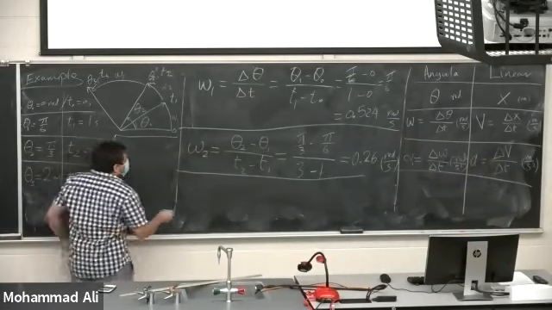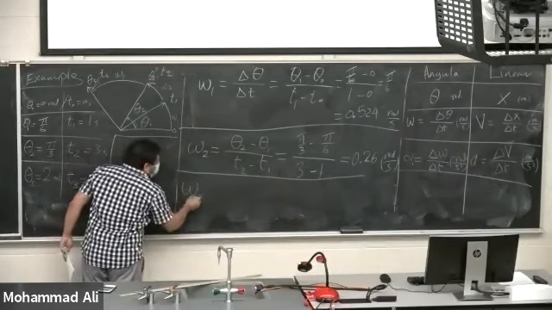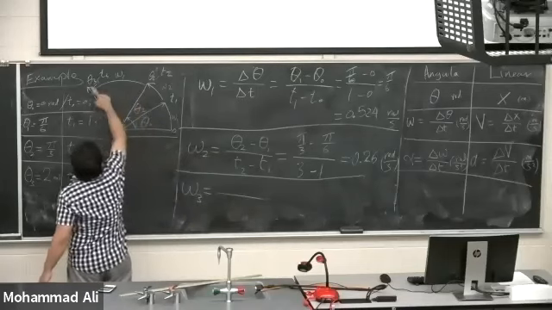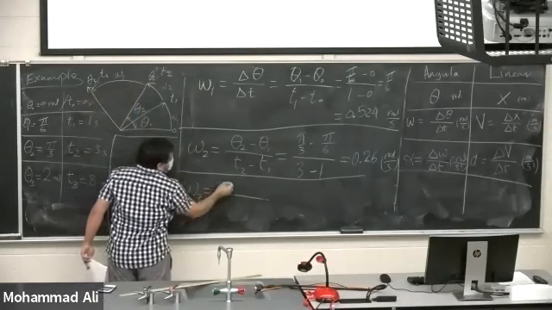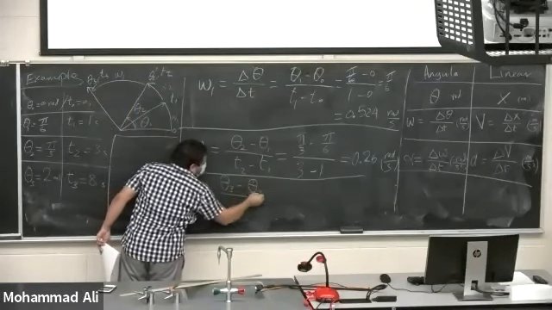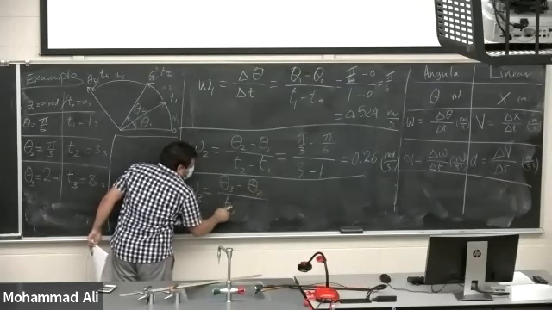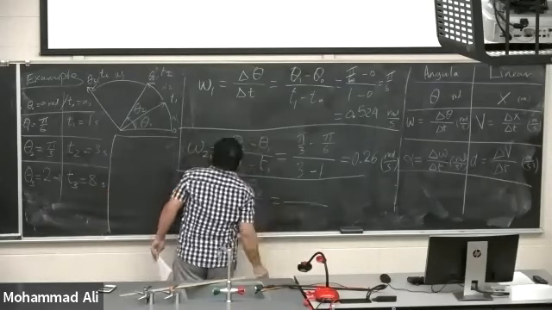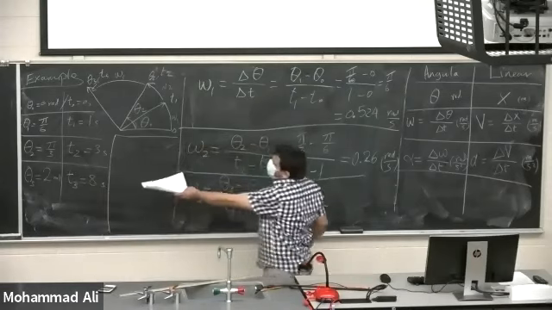Okay, what about omega 3? It is omega 3, the velocity from here to here. It is theta 3 minus theta 2 over T3 minus T2, which is equal to how much the angular position now?